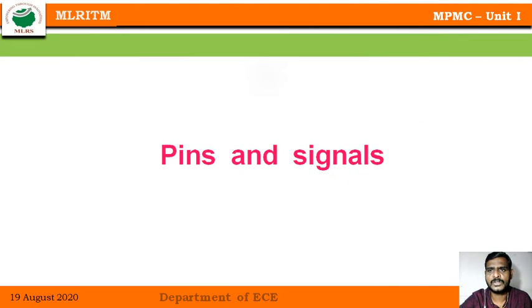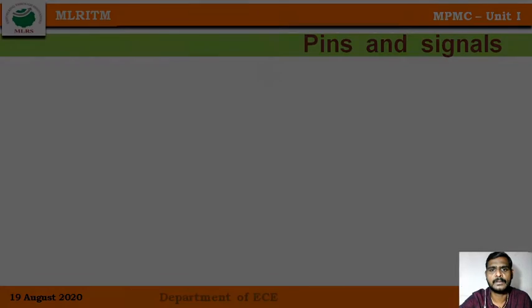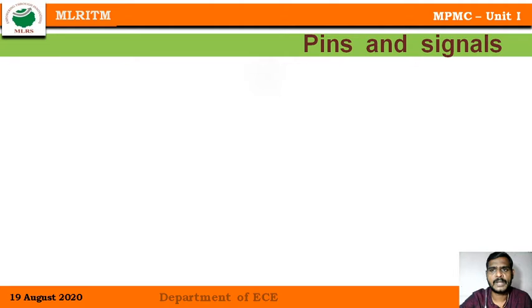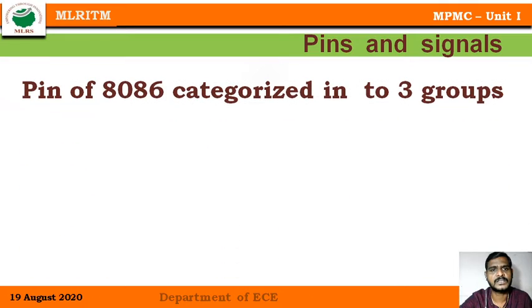8086 is available in a 40 pin dual inline package. These 40 pins are mainly categorized into three groups. Why three groups? Because our 8086 processor is capable of working in two different modes of operation, minimum mode and maximum mode.